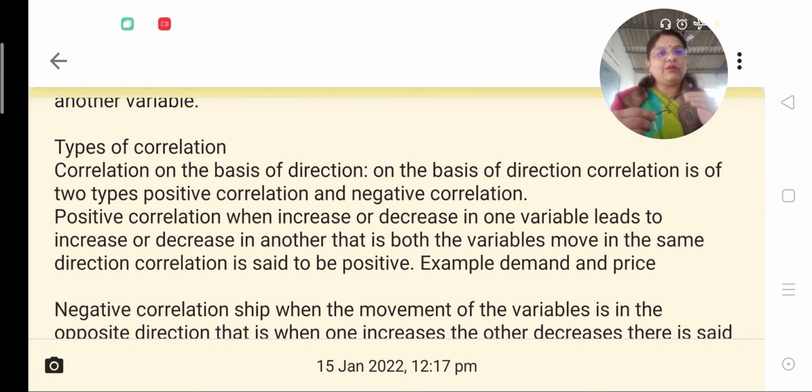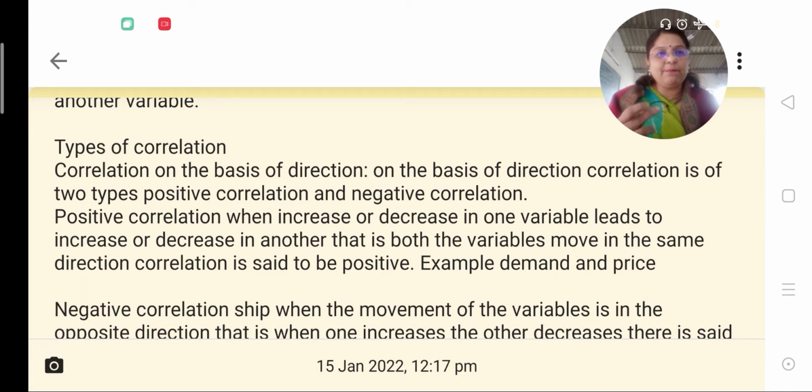Now, if one variable increases and the other also increases, or if one variable decreases and the other variable also decreases, we will say that the correlation among these variables is positive. They move in the same direction. So when an increase or a decrease in one variable leads to an increase or a decrease in the other, one increases, the other increases. One decreases, the other also decreases. We will say that there is a positive correlation.